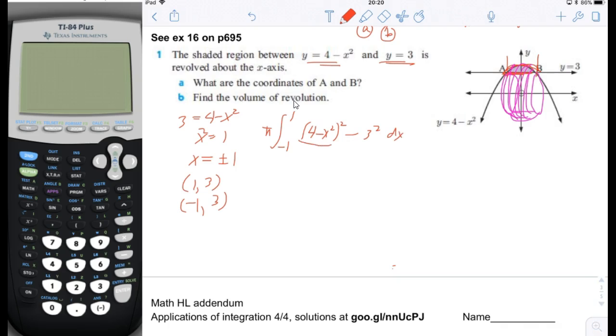So in order to have a chance of integrating this, we're going to need to expand it with FOIL. So we'll have pi times the integral from negative 1 to 1 of 16 minus 8x squared plus x to the 4th minus 9.